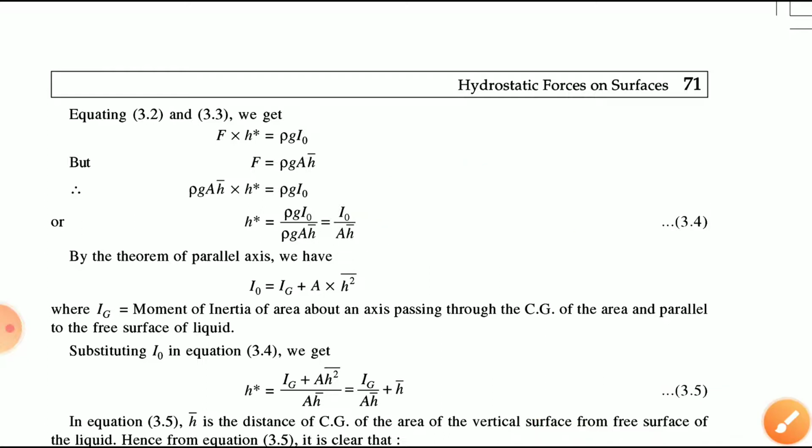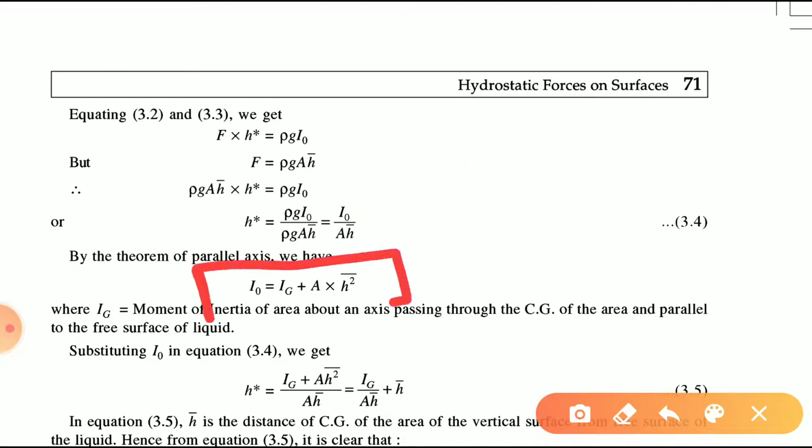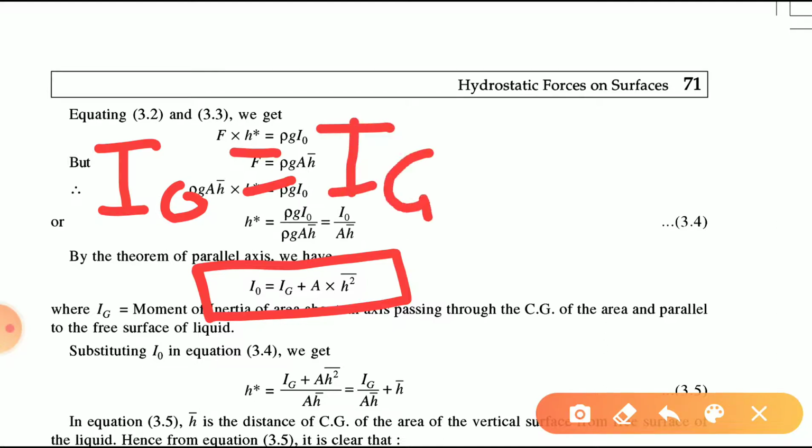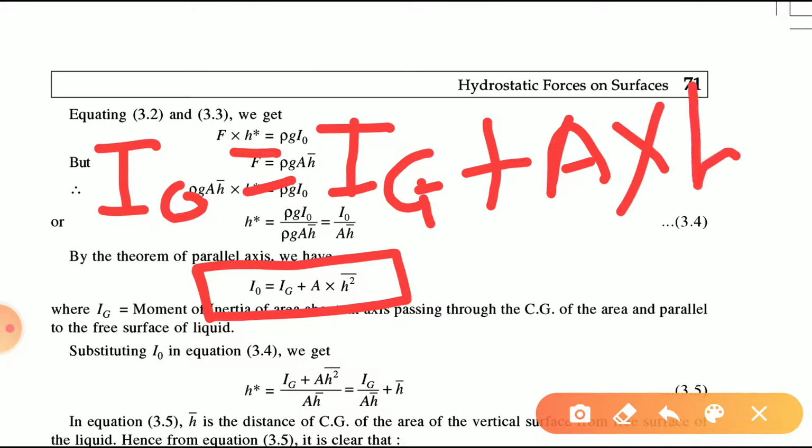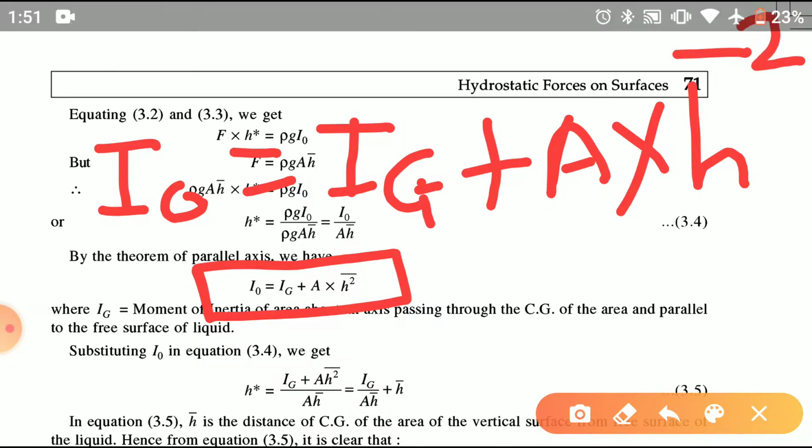So we will use the parallel axis theorem, which states that the moment of inertia about an axis passing through any point is equal to the moment of inertia about the parallel axis passing through the center of gravity, plus the area of that surface multiplied by h bar, the distance of the center of gravity from the free surface of the liquid, squared.